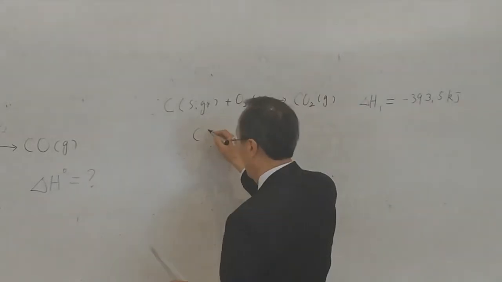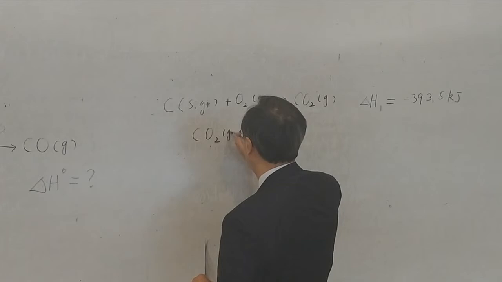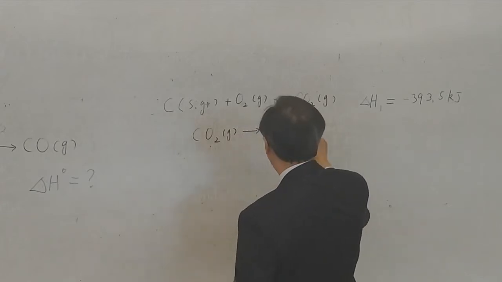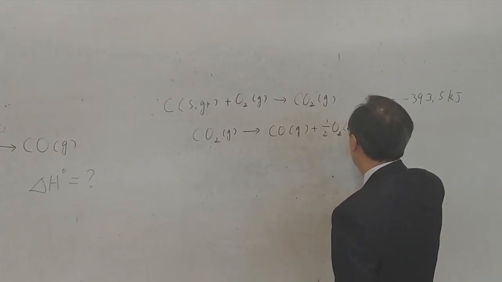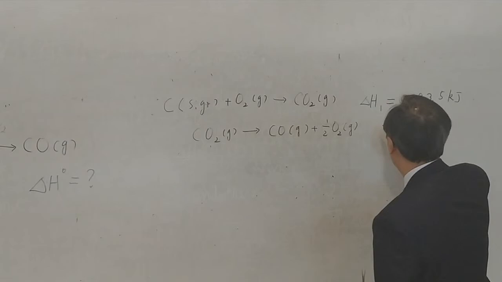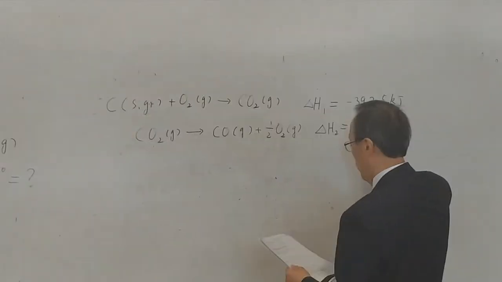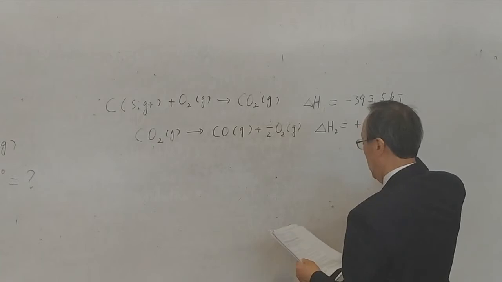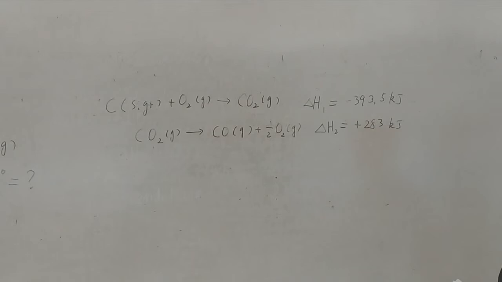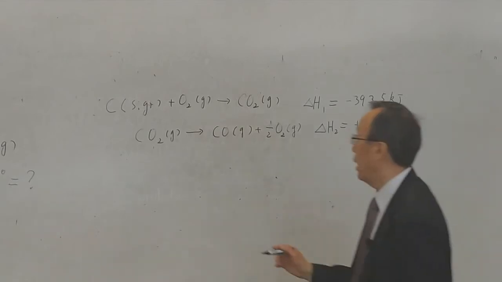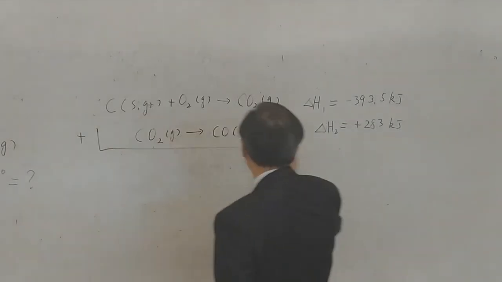Another one is we already know CO2 decomposes to CO and 1/2 O2, and this delta H2 equal plus 283 kilojoules. So to decompose CO2 gas to CO and O2, they require 283 kilojoules to decompose. So we add together these two equations.